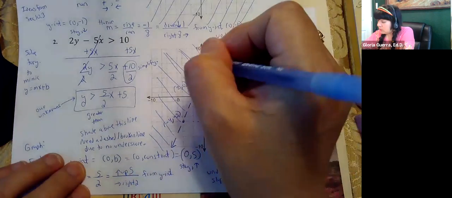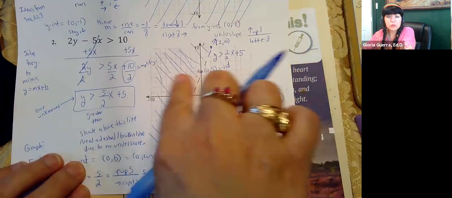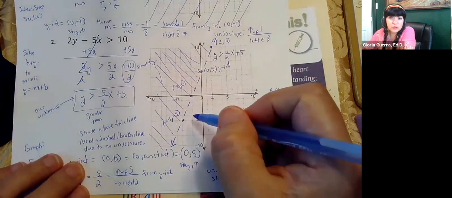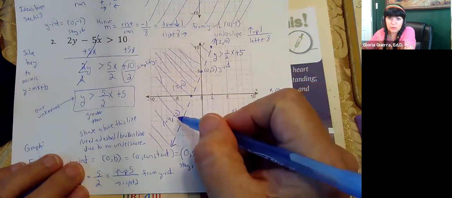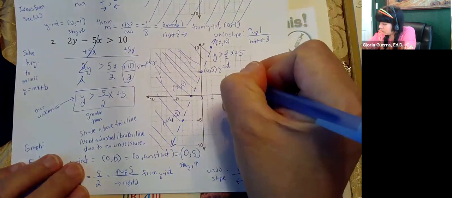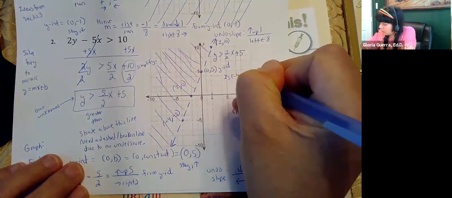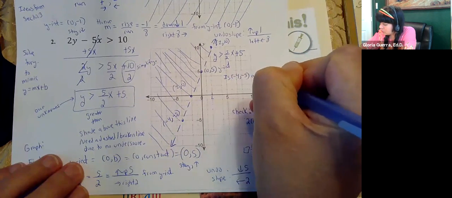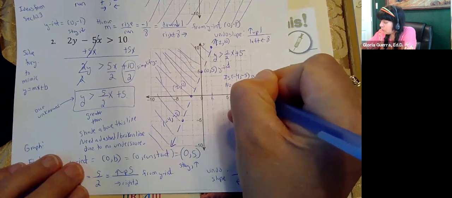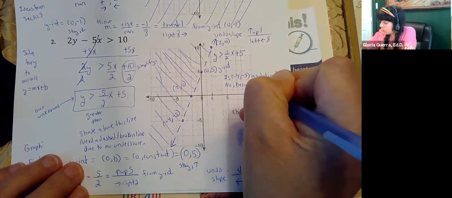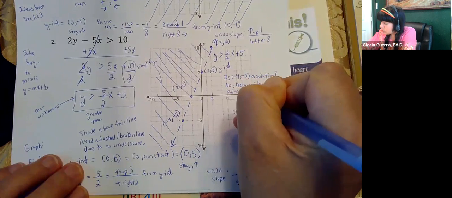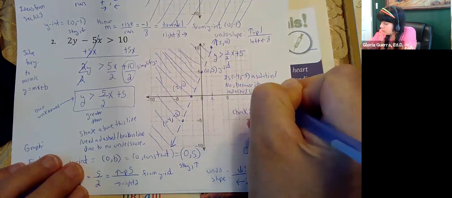So all of these are solutions. All these points in here are solutions. Now, the points on the dash line are not solutions. Like, is -4, -5 a solution? No. If I ask that question, is -4, -5 a solution in your solution set, you would say no, because it's on a dash line.